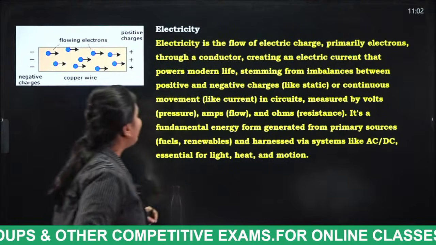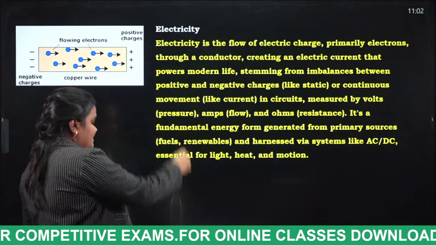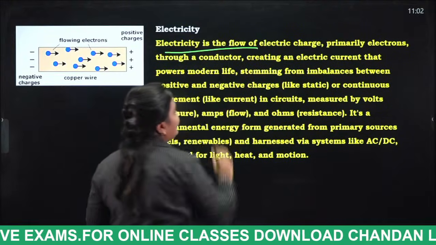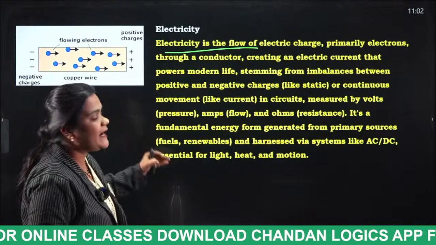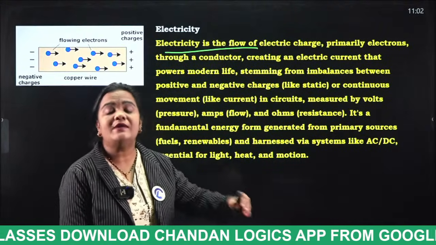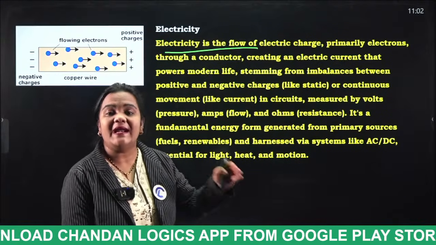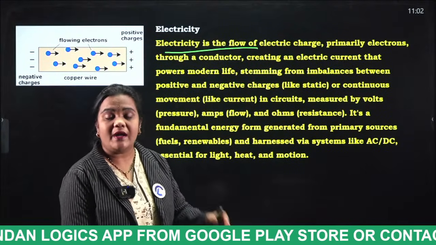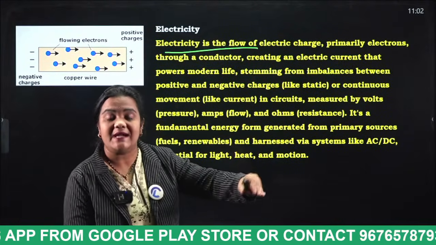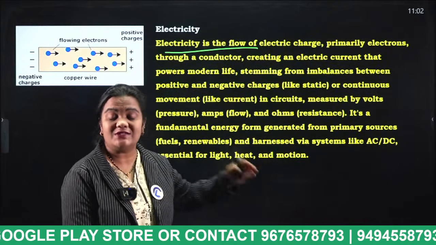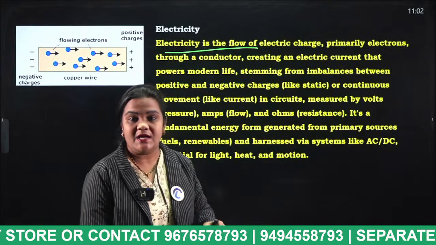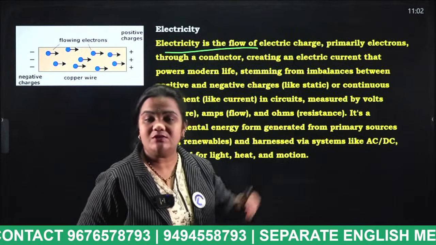So what do you mean by electricity, students? Electricity is nothing but the flow of electric charge, primarily electrons, through a conductor. How is the electricity generated? It is generated by the flow of charge. That charge may be either positive or negative.